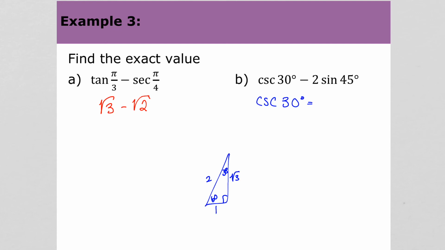So cosecant is hypotenuse over the opposite. So that's 2 over 1 or 2.